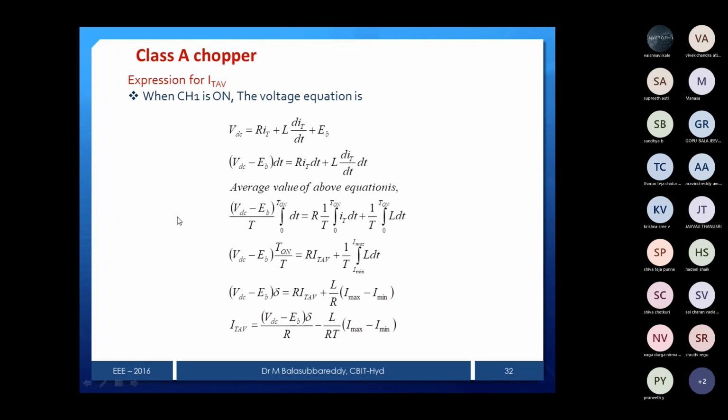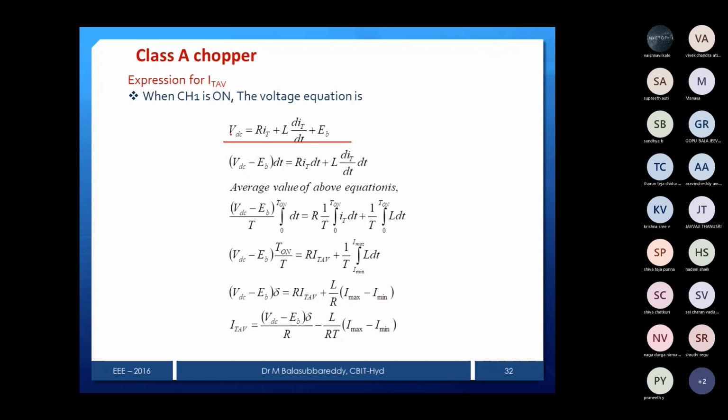Now we'll see, when the chopper is on, what is your voltage equation? The voltage equation is known to you from the previous derivation. VDC is equal to, since chopper is on means current carried by the chopper, instead of I out I will represent this as IT, whereas when the diode is on, I will represent it as ID, the diode current.